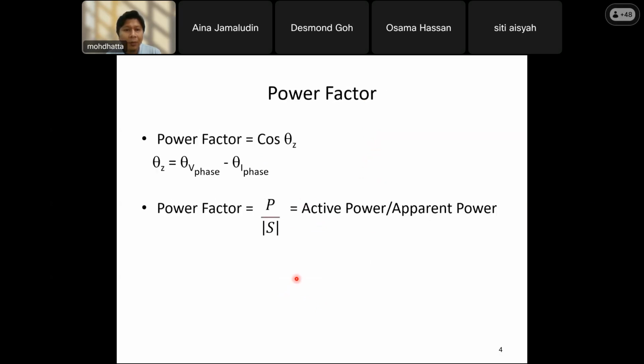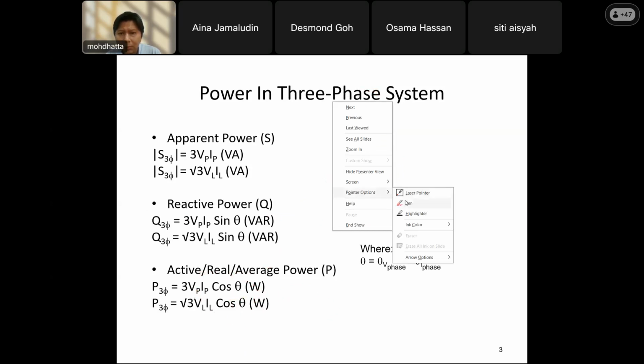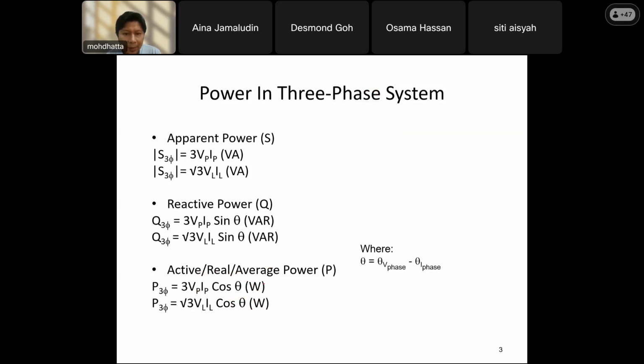For the power factor, if you look at the previous slide, here we have cos theta. Actually, this is the power factor information that we have over here. Basically, this is our power factor equation.